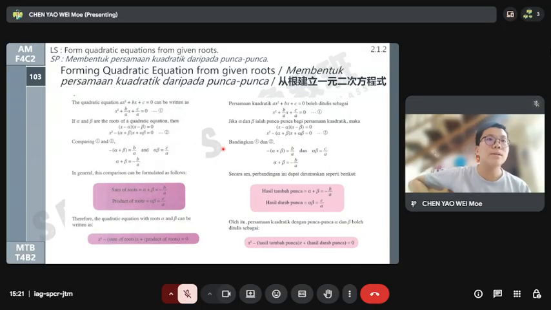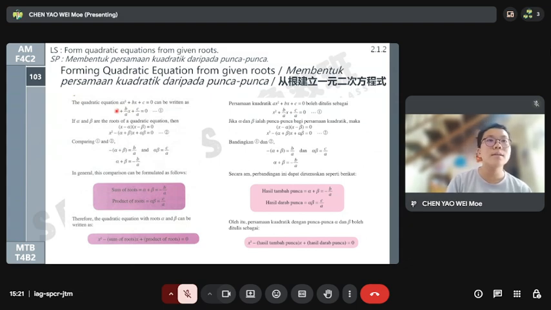So first thing you need to know, what is this? This is the general form, and I want to make the a become 1, so I will divide by a. If alpha and beta are the roots of the quadratic equation, then I can say that x equals alpha, x equals beta.